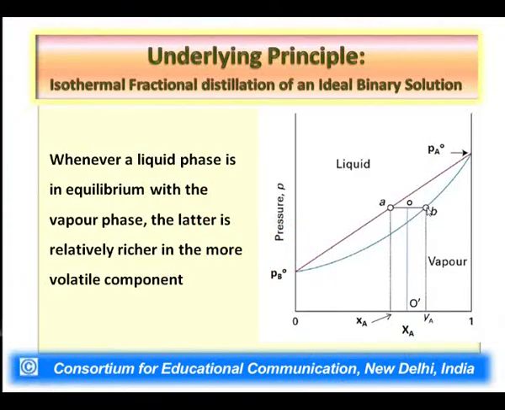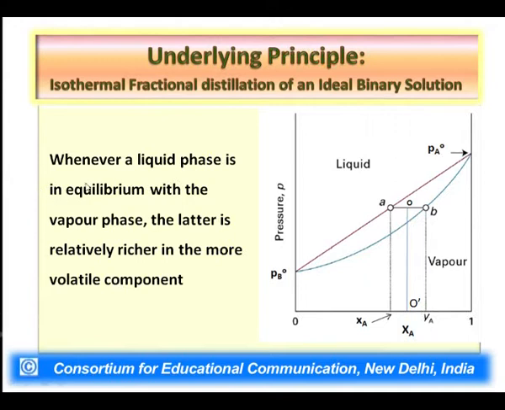Here you can see component A is more volatile because the vapor pressure of pure component A is greater than that of pure component B, and therefore you can see the point B, which represents the composition of the vapor phase, has a value of Ya greater than the value of small xa. It clearly means component A is more volatile and its proportion is greater in the vapor phase compared to that of the liquid phase.